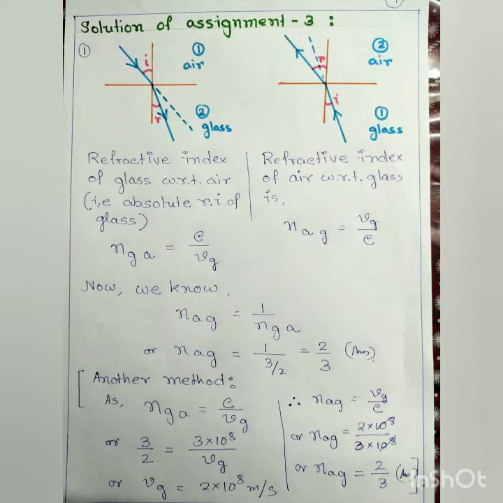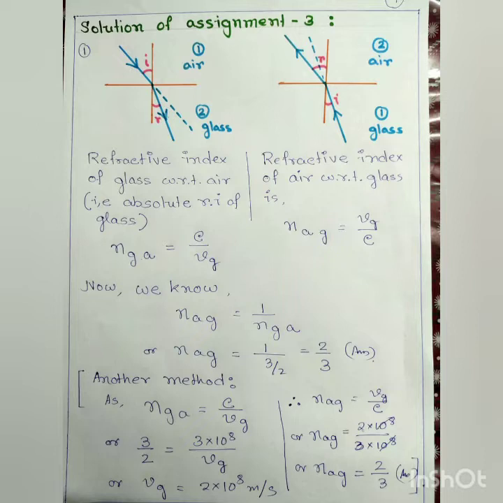Now refractive index of glass with respect to air is equals to C by VG, where C is the speed of light in air, that is 3 into 10 to the power 8. Now just substitute the value and you will get the value of speed of light in glass, that is 2 into 10 to the power 8 meter per second.